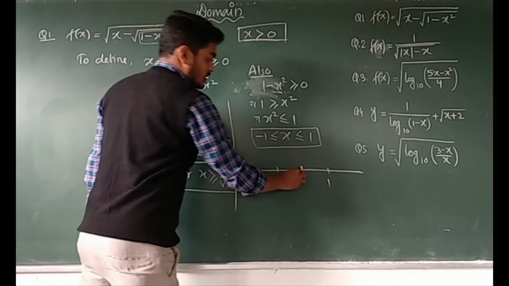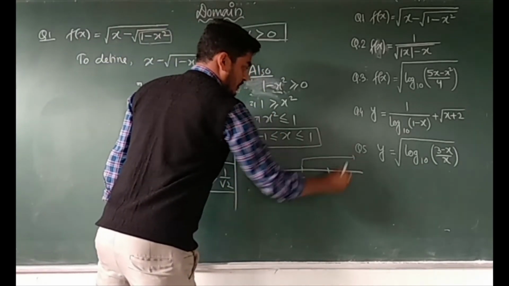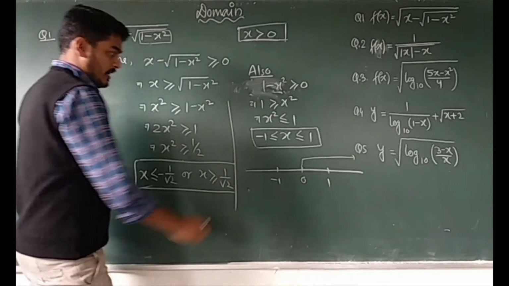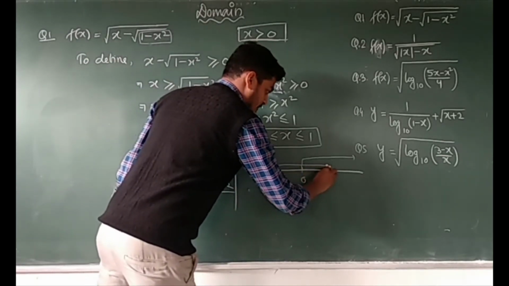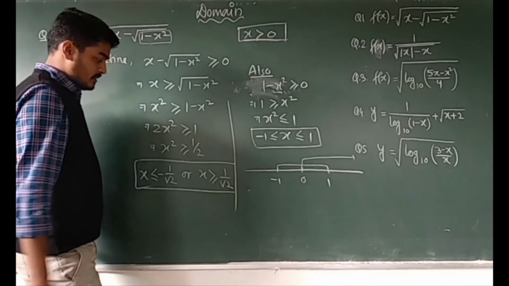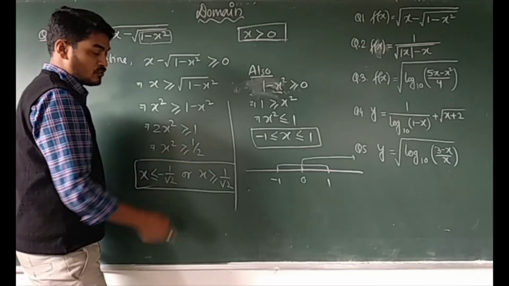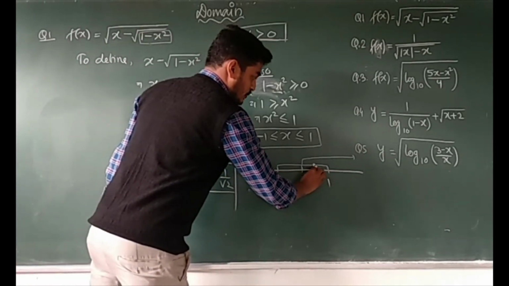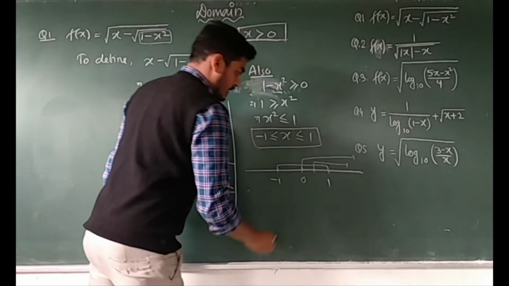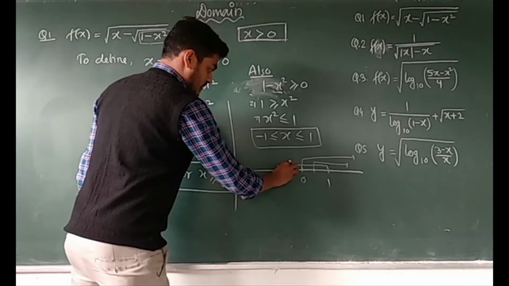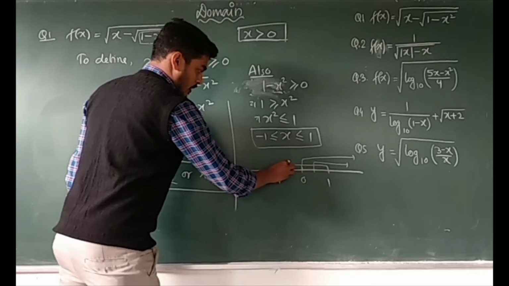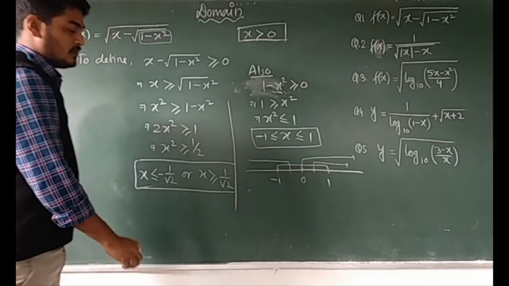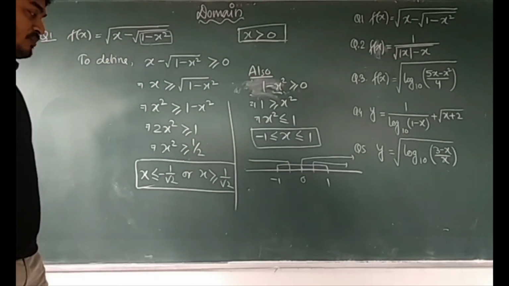From this condition, x should be greater than 0. Another condition is that x should lie between minus 1 and 1, and here it is given that x is greater than or equal to 1 by root 2, or less than or equal to minus 1 by root 2.